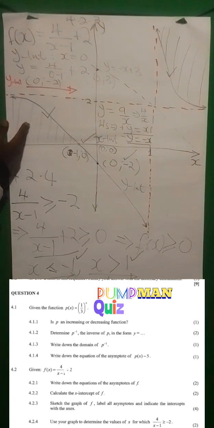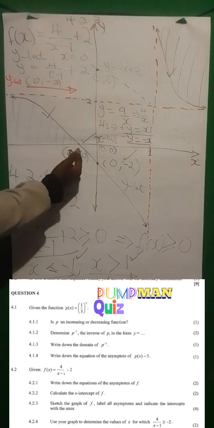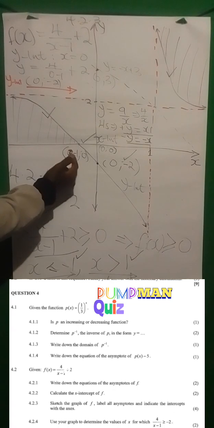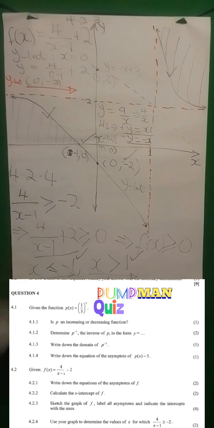So how do we define this region as an inequality? It is the region of values of x that are less than or equal to minus 1, our x coordinate here. So x is less than or equal to minus 1.